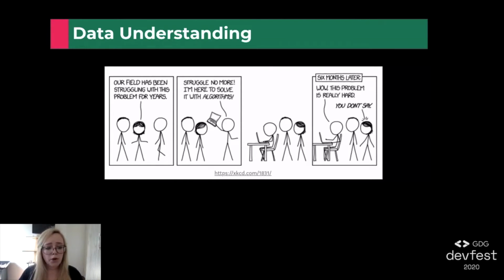It's also at this point that you'll start to consider how to handle the data. If there are missing values, you'll consider what you can do to fix that. And if there are duplicate rows, what you'll do to solve that. And if you need any feature engineering to enhance your data set, this is really where you'll start thinking about that. Data understanding is a really, really important part of the model building journey.